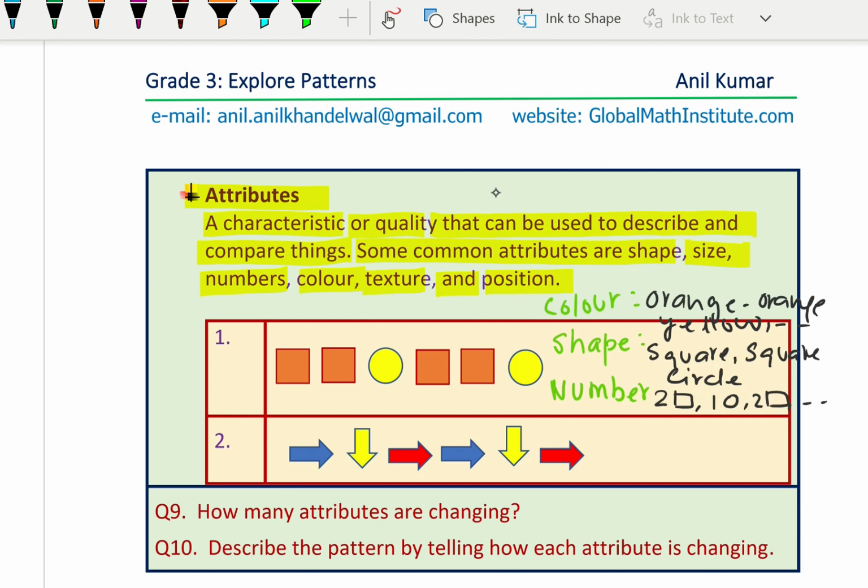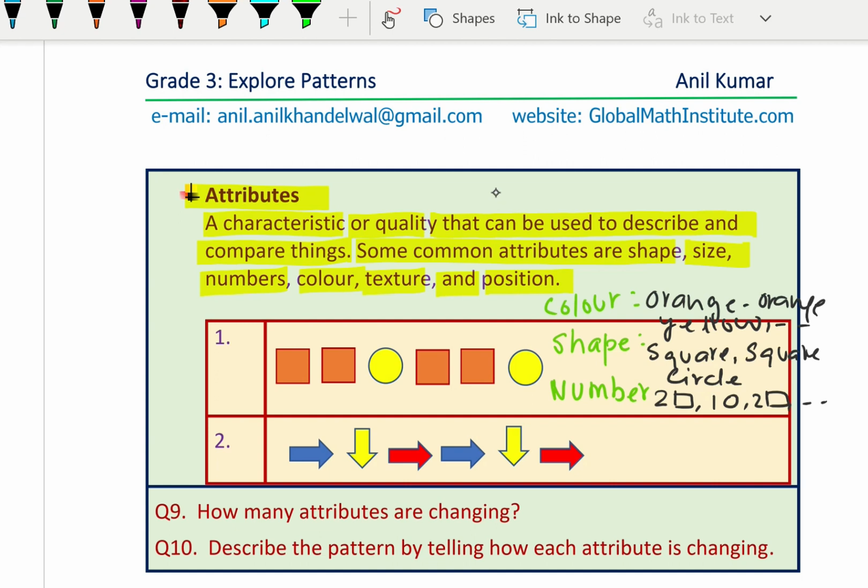So that is how you could describe this particular pattern. So there are so many attributes which are changing. So clearly in this case, what attributes are changing? Color is changing, shape is changing, and the number is changing. So these are the attributes which are changing for the given pattern.